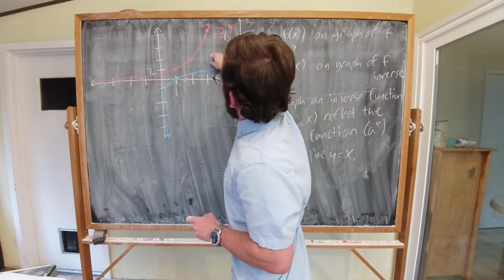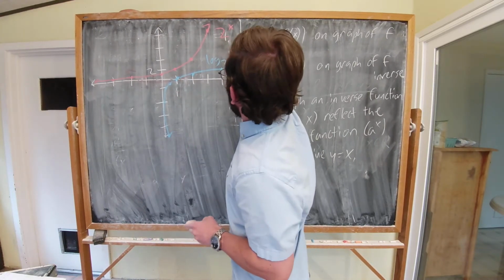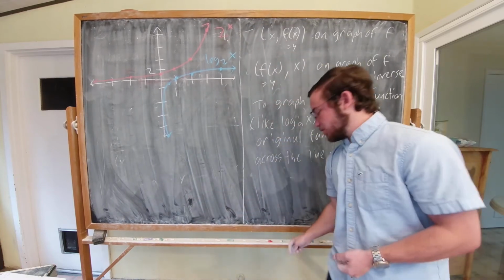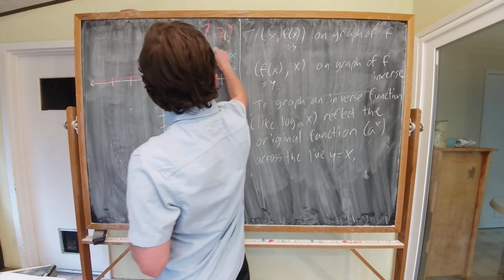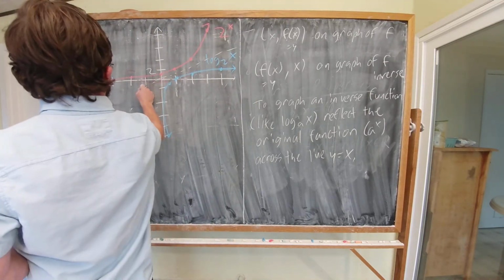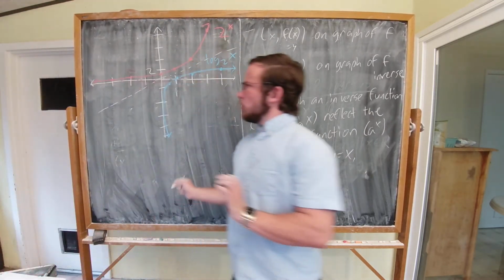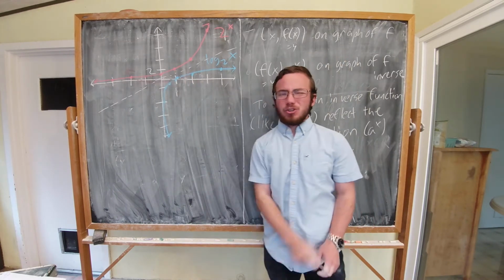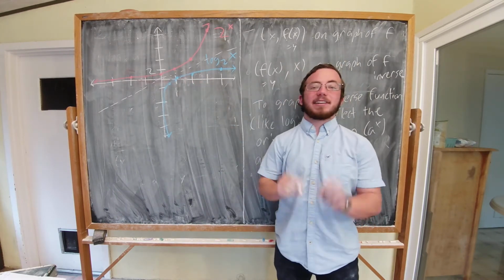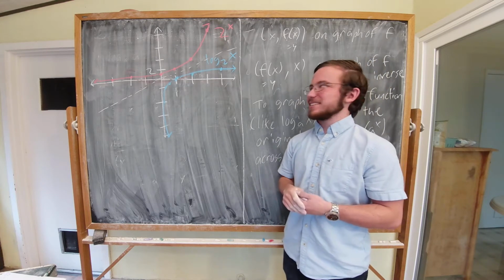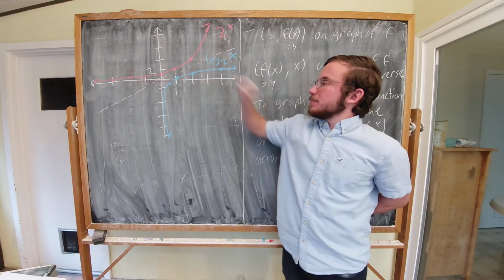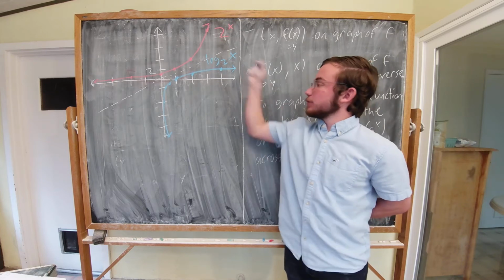So this would be log base 2 of x. And again, we're getting that by just flipping it across the line y equals x. Which looks a little weird because we have a scale of 2 right there and a scale of 1 on this axis. Don't worry about that. Just make sure everything fits nicely. But yeah, that would be our graph for log base 2 of x.